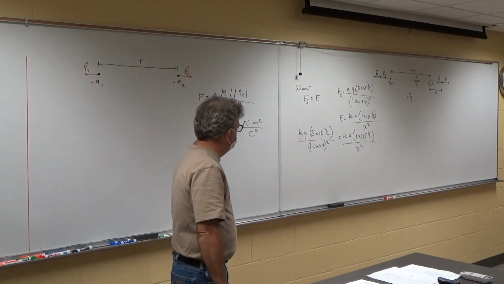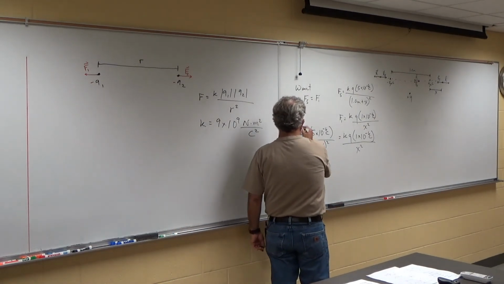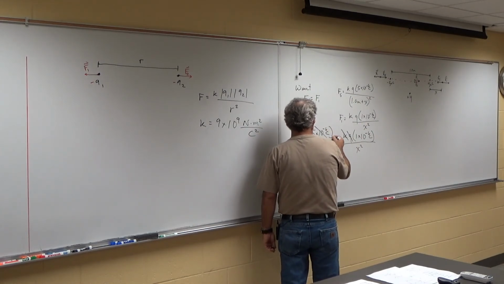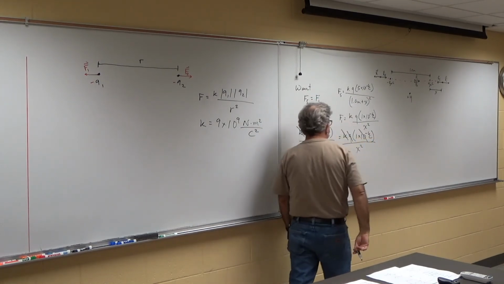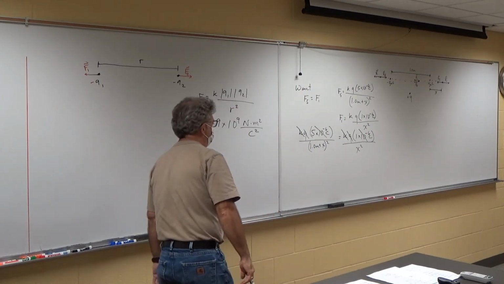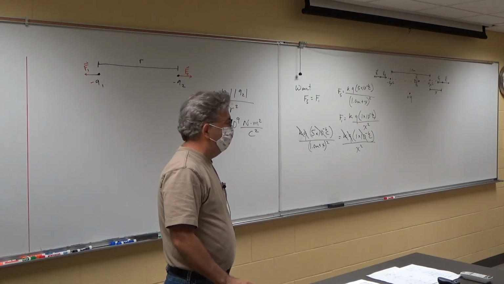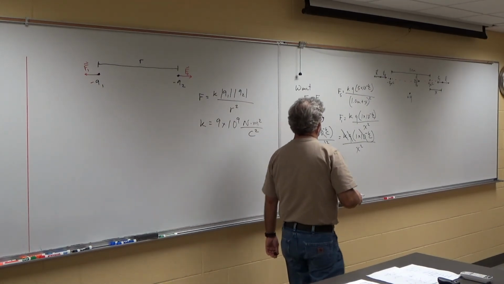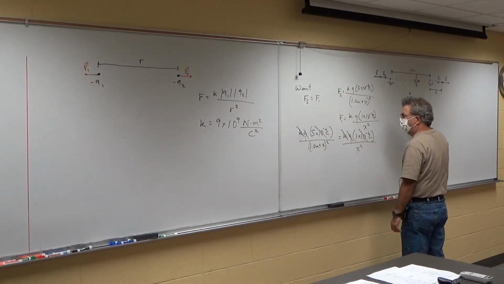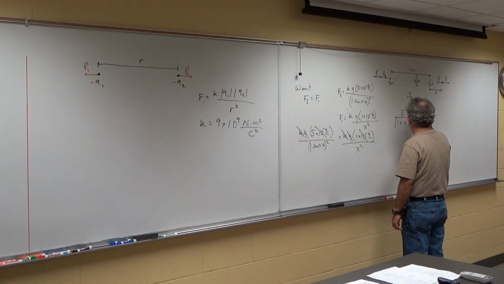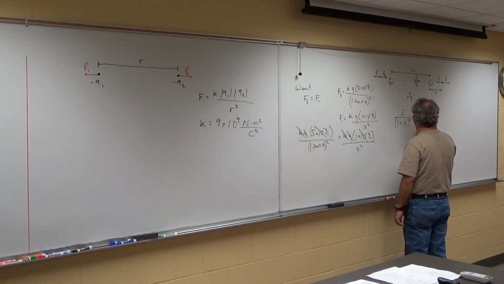Well, we get some nice cancellation. All that stuff goes away, and you get 5 over (1 plus x) squared is equal to 1 over x squared.